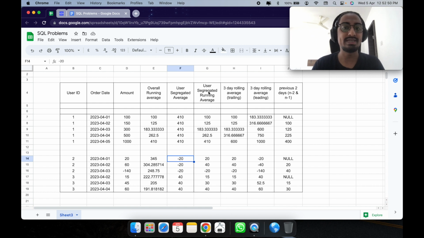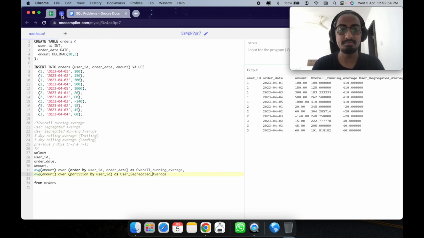So user segregated running average is the combination of both. So we'll have to order them and partition by. So let me do that.